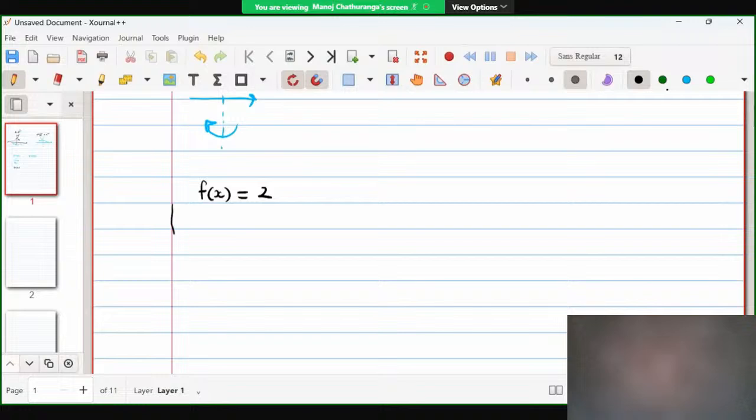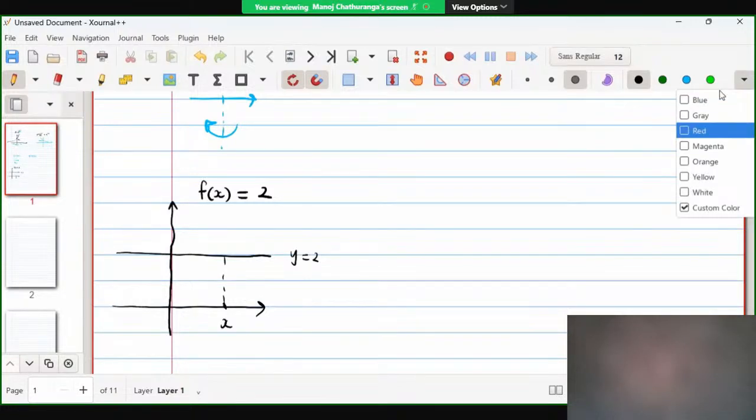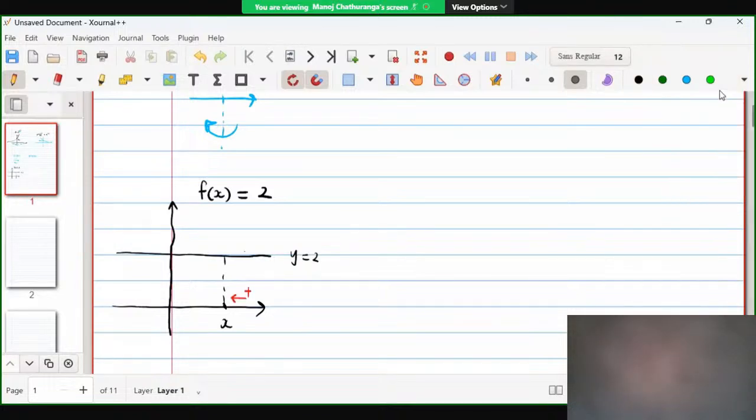In the graph of this function, y equals f of x is y equals 2. y equals 2 is a horizontal line. Now take any x you like. Function value is always 2. As you go to x from the right-hand side, on the graph you're reaching this point.